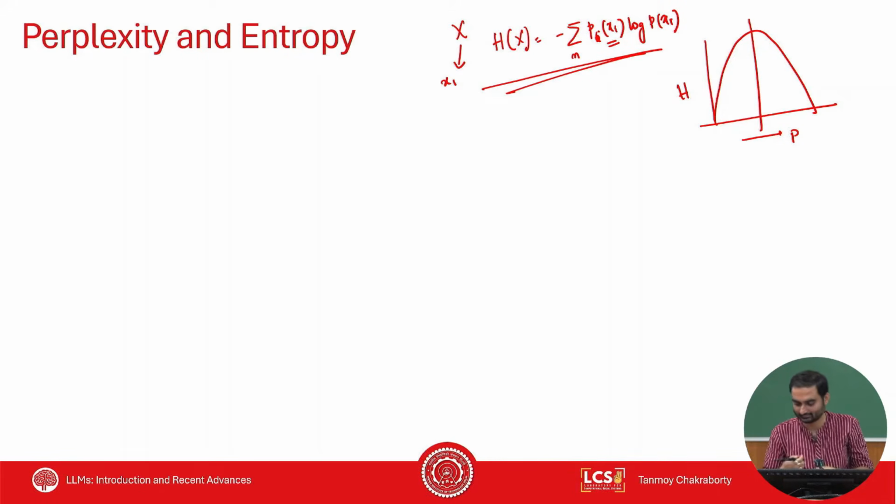Now for a sentence, specifically for a language. A language is essentially denoted by a sequence of tokens. So how do we measure the entropy of a sequence of tokens?